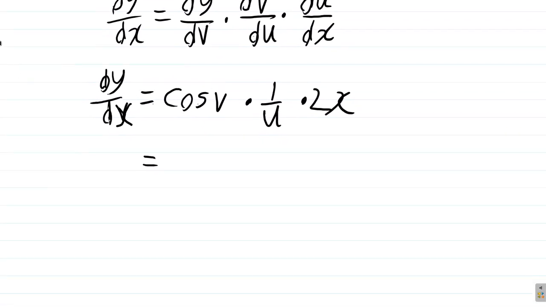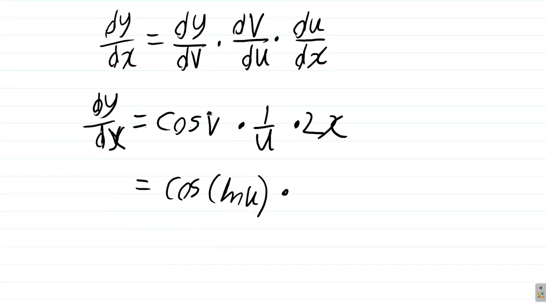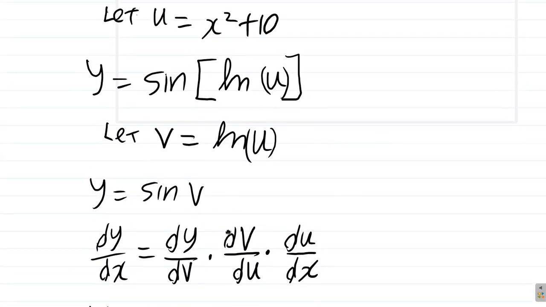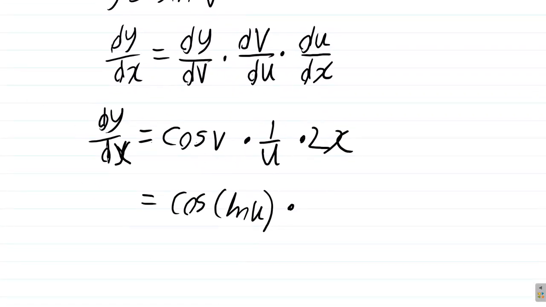So this is cos ln u, right? Times 1 over u. What was u? u was x squared plus 10.